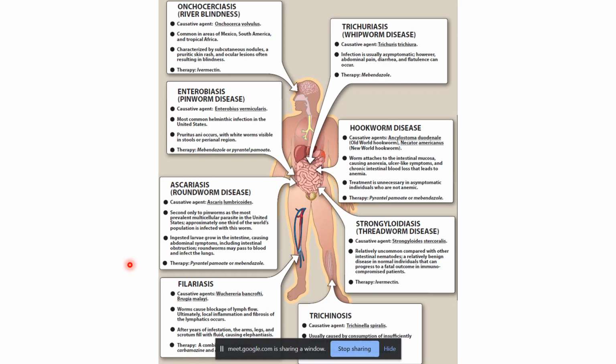The treatment is the same as enterobiasis, mebendazole and pyrantel pamoate.